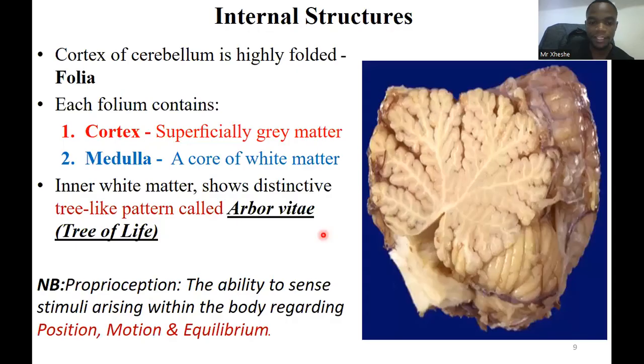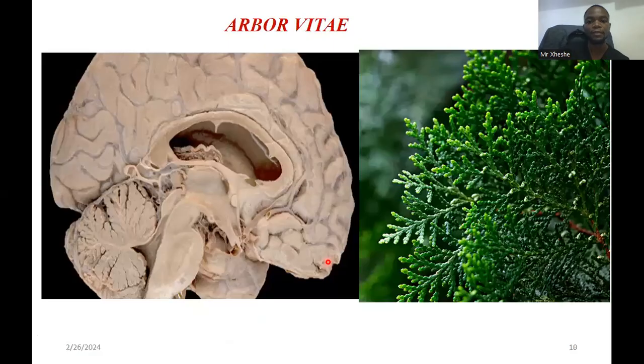So arbor vitae is a pattern of white matter, or the medulla of the cerebellum. It's called arbor vitae. So what is the function of this? Okay. So number one is position, motion, and balance. Of course, communicating with the cortex, which is gray matter of the cerebellum.